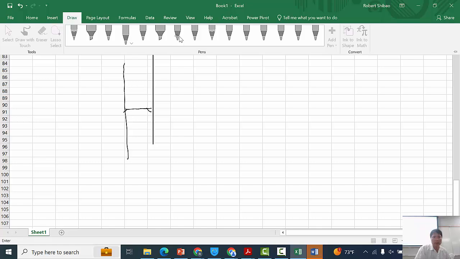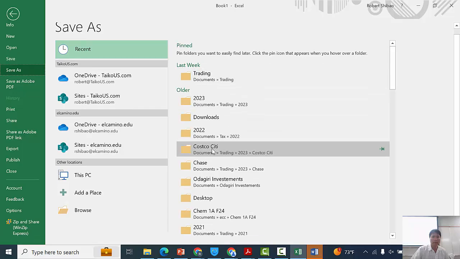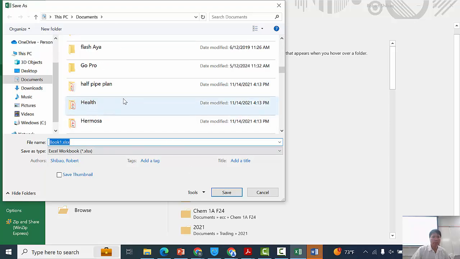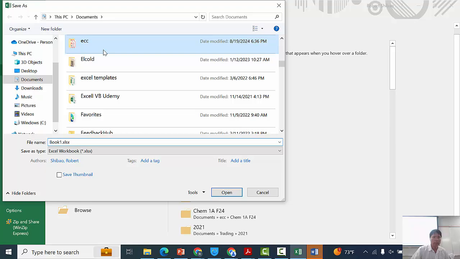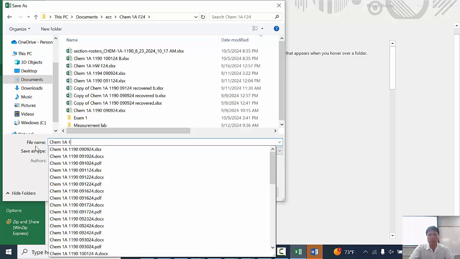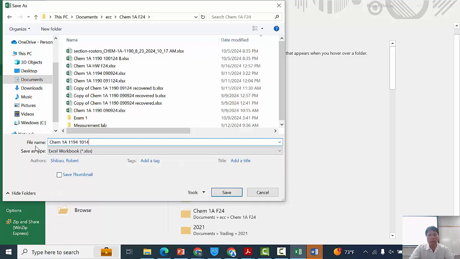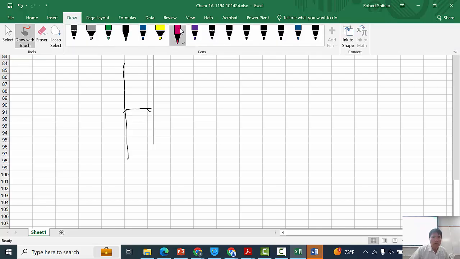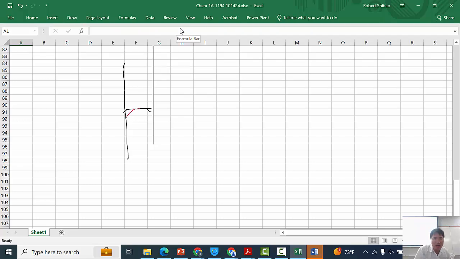And so all we do is we slide this plate up or down until the bottom of the plate lines up with the top of the meniscus here.